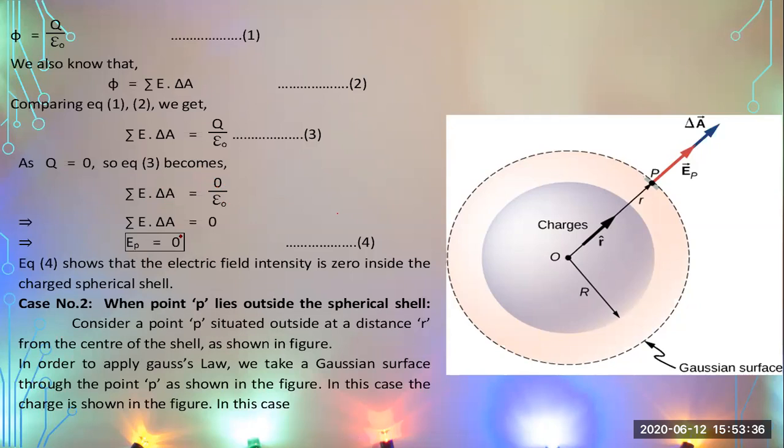So during the first step, you have calculated electric field intensity inside a charged surface. During the next class you have to calculate electric field intensity outside, at the upper side of the charged sphere, and we will discuss it in detail. This shows that the electric field intensity is zero inside the charged sphere.